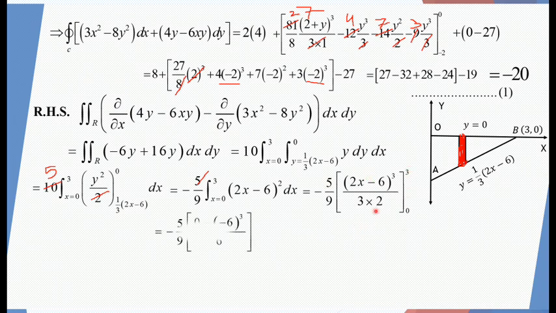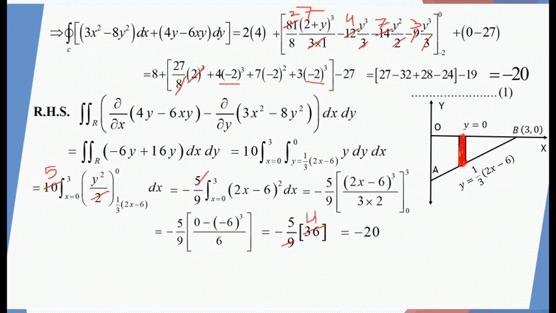So on putting the limits, we get minus 5 by 9 as it is. When we put 3, then 3 times 2 is 6, minus 6, it is 0. And when we put 0, then it is minus 6 cube upon 6. So minus 6 cube is minus 216, and already minus there, so plus 216 divided by 6, so it is 36. And now from 9 we can divide this 36, 4 times.